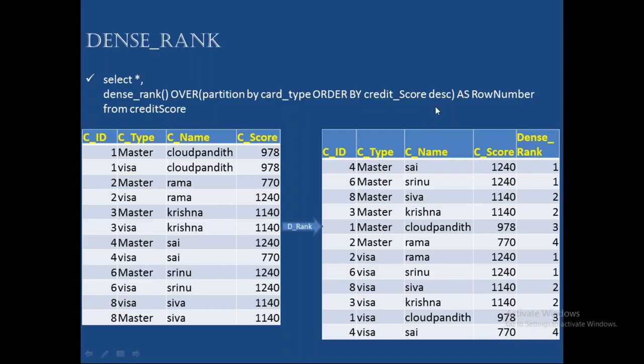Understood? This is a very important question, friends. As I mentioned earlier, the first important question is how to remove duplicates in SQL Server and data flow. You may get those 2 questions. The next question is, what is the difference between row number, rank, and dense rank? They will ask the same thing in SQL, and the same thing in your data flow.